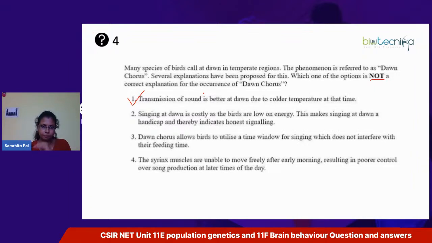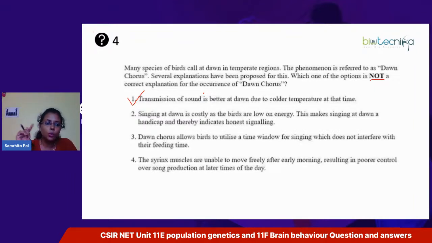Got it? Like, for example, why am I saying it is a handicap? Because it requires a lot of energy to sing in the morning. Yet the birds are singing in the morning.